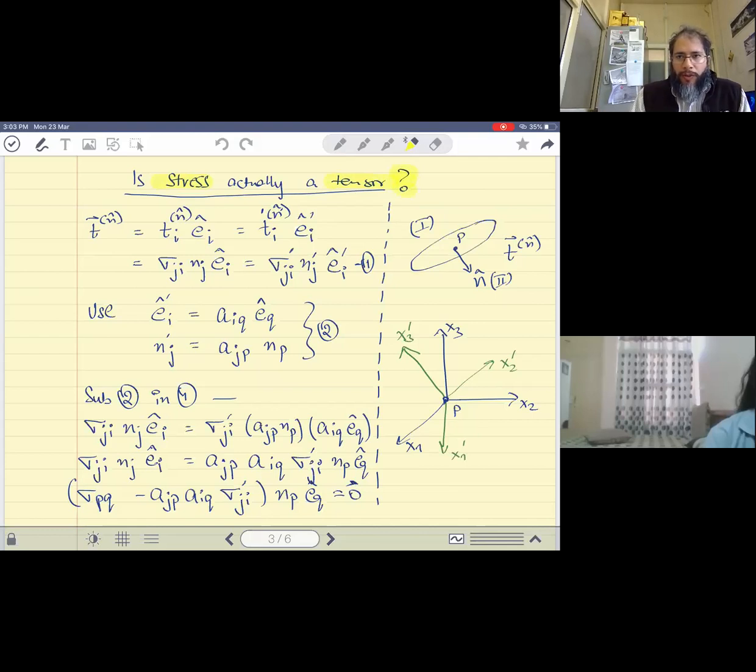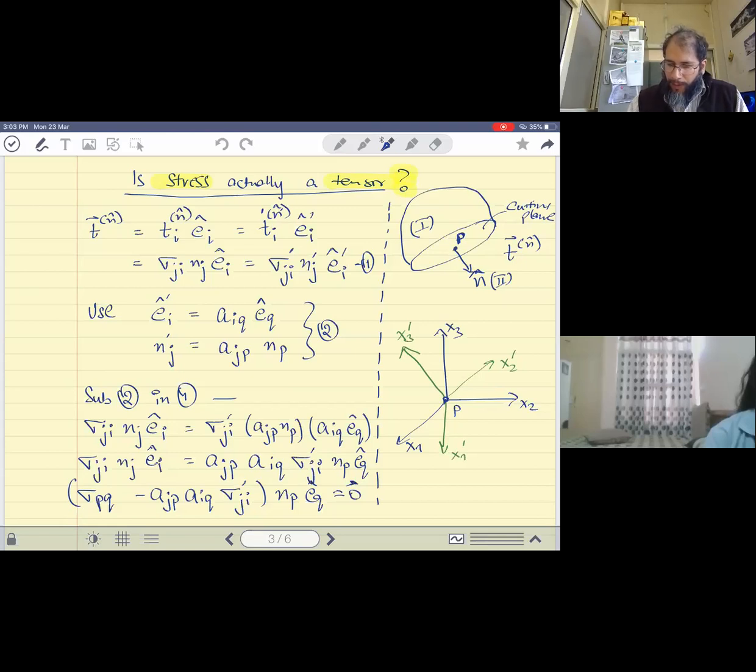So the way we proceed is first we draw our body. So we have the part 1 the way we had drawn earlier, and we have a point P as we have written here, and we have a hypothetical cutting plane, and the cutting plane has a normal with the normal given as in the n hat direction.